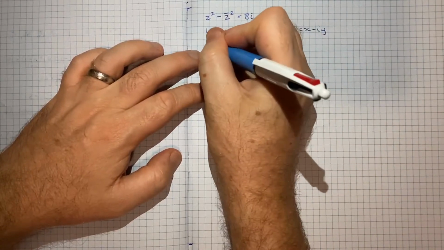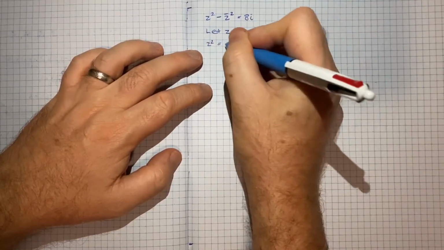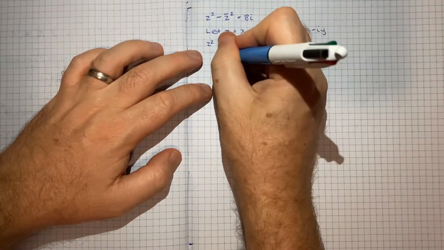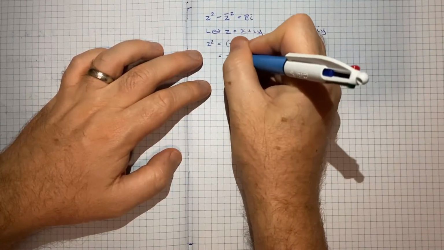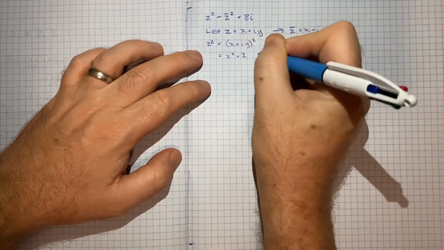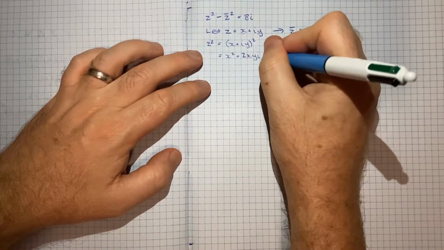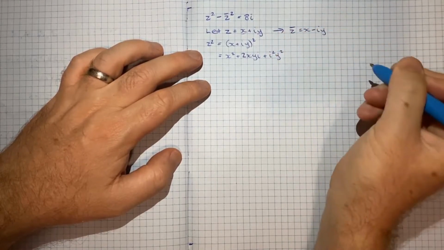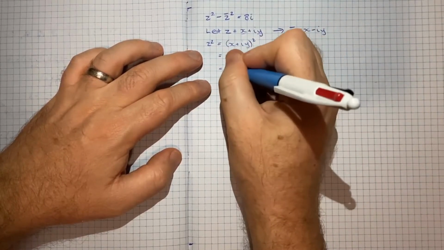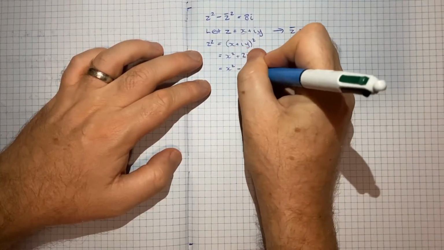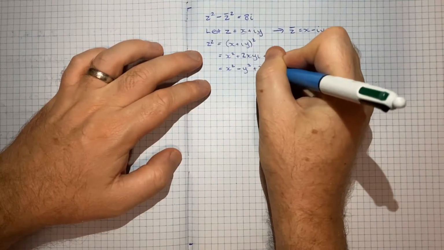So z squared would equal x plus iy squared. So if I expand that, we'll get x squared plus 2, twice the product, so 2xyi plus i squared y squared.